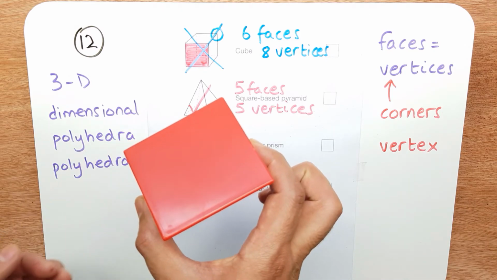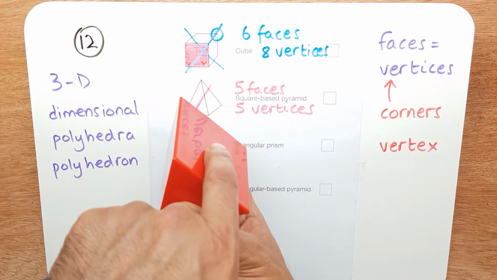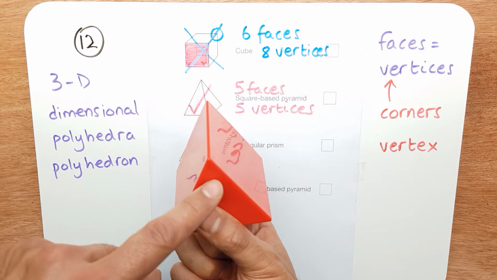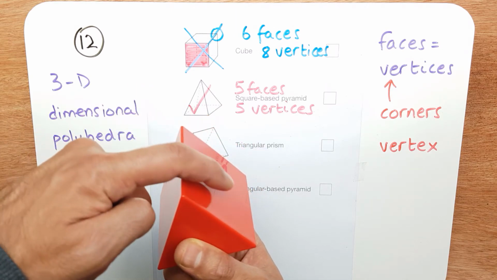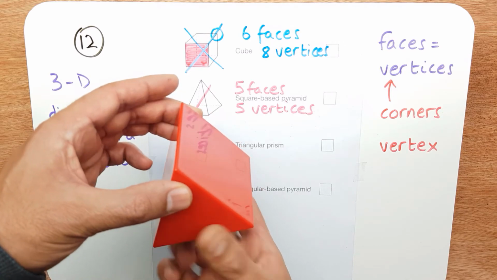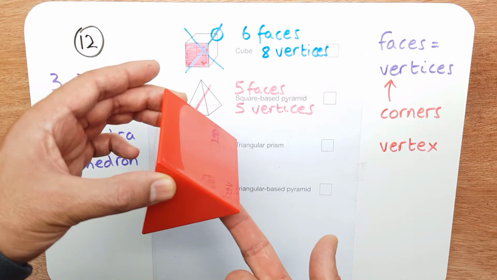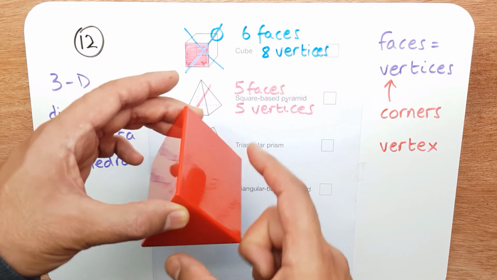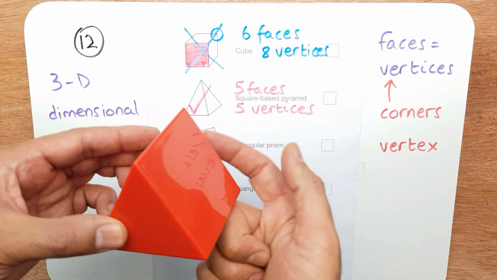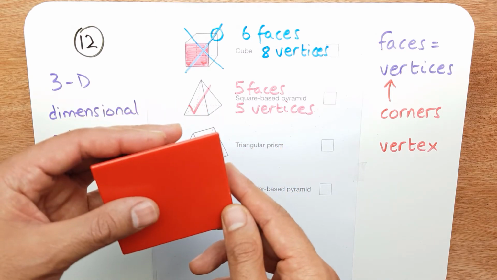So that's two faces that I'm holding there. Now we have one face here and one face on the other side. So we've got one at the front, one at the back, one on the right, one on the left. So that's four altogether. And then we have one at the bottom, the base. So altogether we've got five. 1, 2, 3. One at the front, 4. And the one behind, 5. So we have 5 faces.